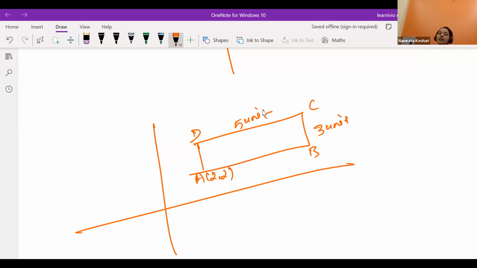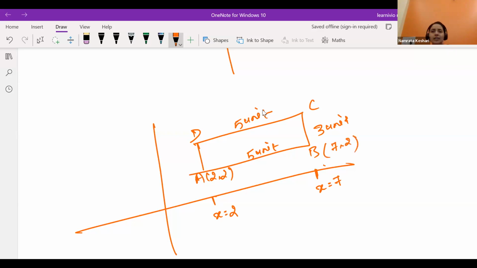So we figured it out. At A it is 2, 2, so here x will be 2. Since the length of this rectangle is 5 units, this AB will also be 5 units, so here x will be 2 plus 5, that means 7 units. Now the coordinate of B will be 7, 2.